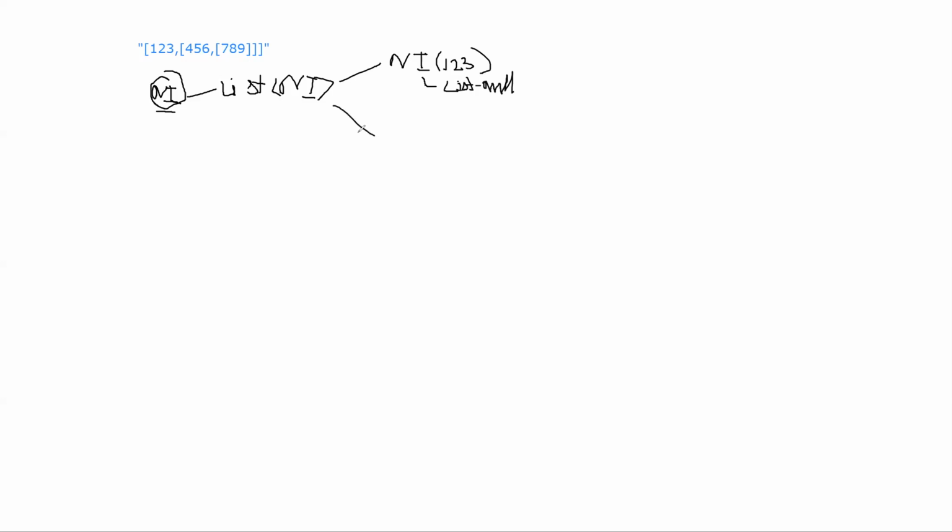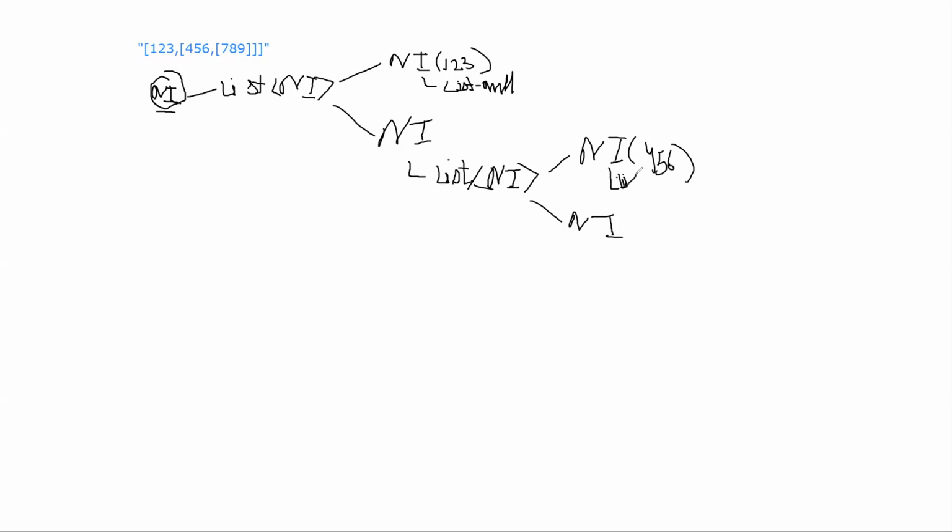And then it would have another nested integer where there won't be any value, but there would be another list of nested integer, which would have another nested integer, which would be 4, 5, 6. And then this would have another nested integer where there won't be any value. And here also the list would be null.